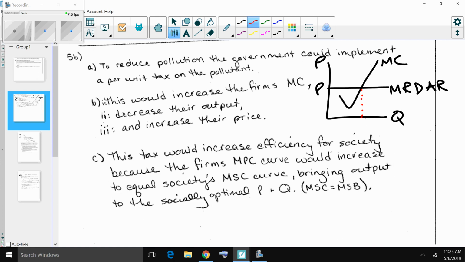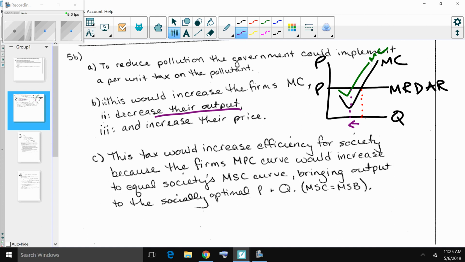Now, if we do a per unit tax, we're going to cause marginal cost to shift upwards. So when we shift this upwards, that means we are going to have a new production quantity here, causing our quantity to decrease, our output.